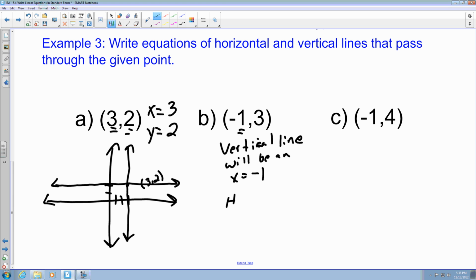For the horizontal line, it will be y equals, and since our y coordinate is 3, our horizontal line will be y equals 3. For C, again, the vertical line will be x equals -1, and for the horizontal line, y equals 4.